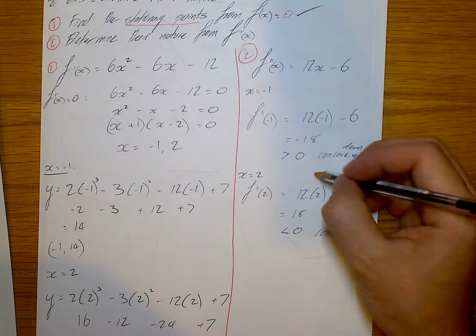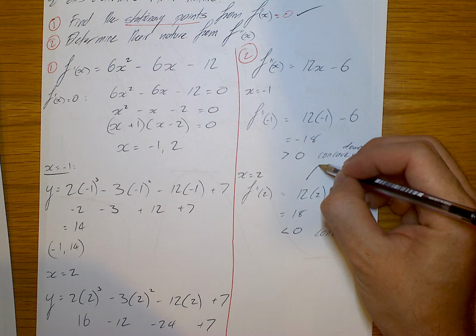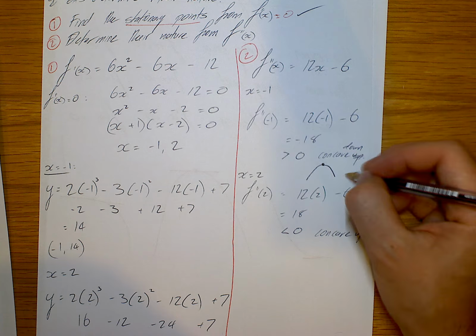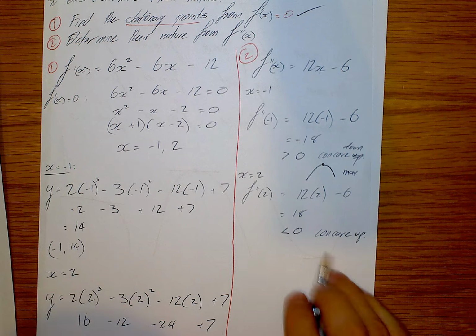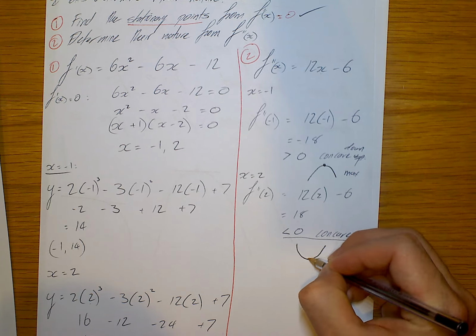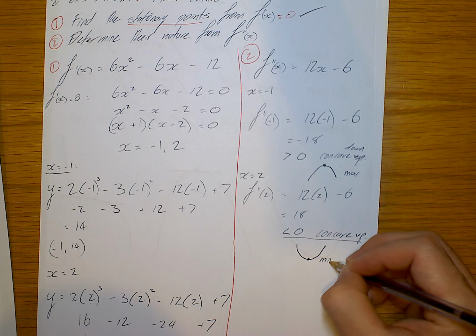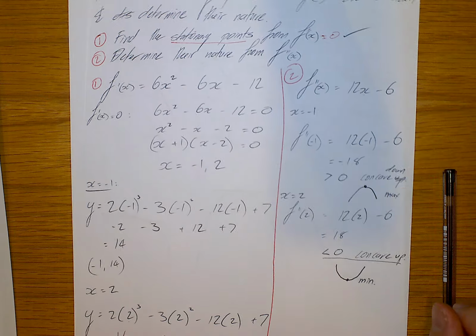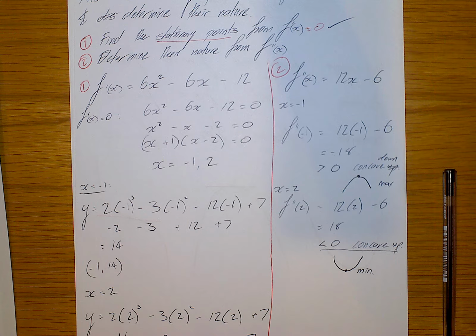It's going all the way up and it's concave down. That point there will be a max. This, if it's concave up, and it's a minimum turning point, will be a minimum. Okay, so we've solved it. Sorry about the confusion, guys. I mixed it up there. I was looking at the wrong thing.